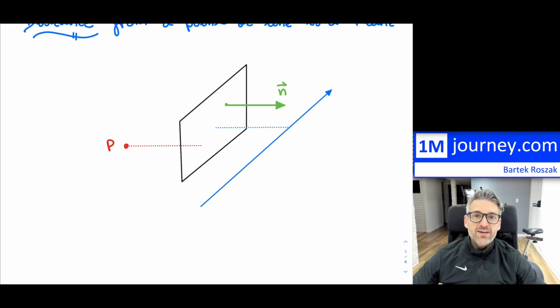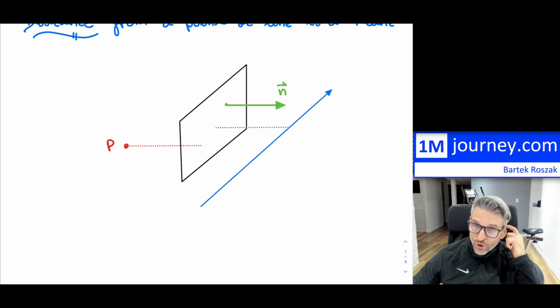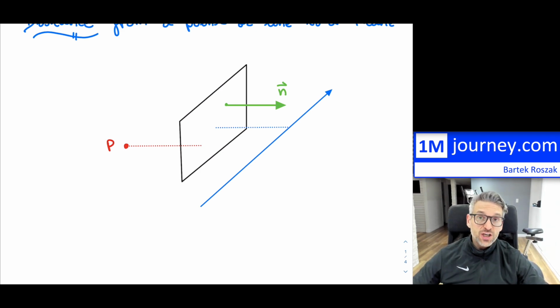Now, once I have this normal to the plane, what I want to be able to do is the following. So I have a point, and let's assume that we know what that point is. And I have some equation of the plane. I'm going to assume that the equation of the plane is in standard form, but it can be in vector form or parametric form. You can always change it back to the standard form.